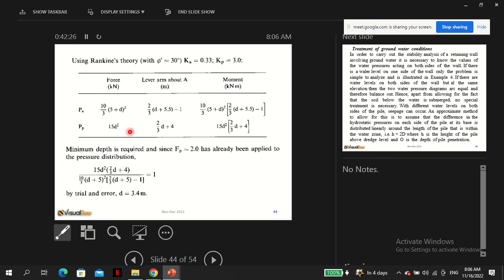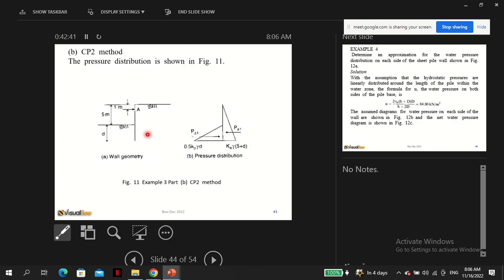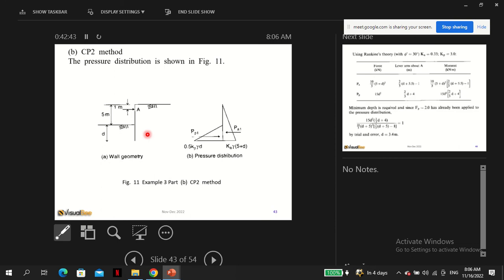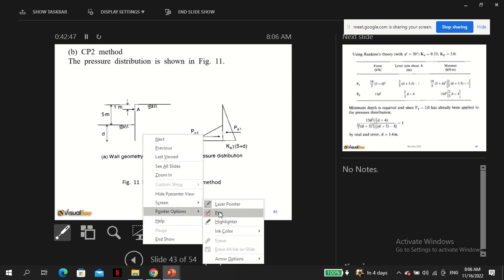So for the moment as well, the force here is this. The lever arm is 2 over 3d plus 4, because on the passive side, I think this should be... okay, let me try to make it.